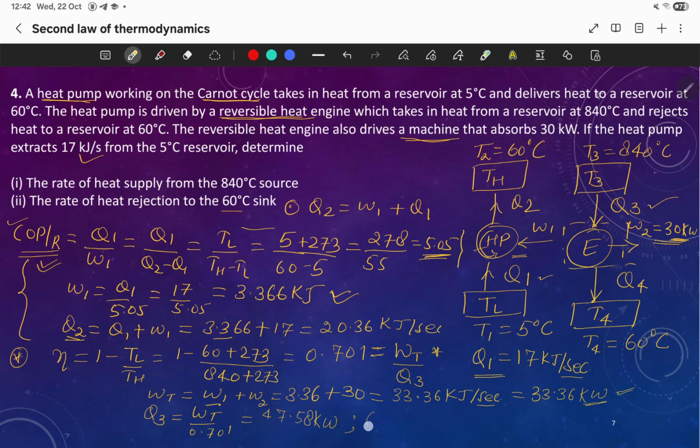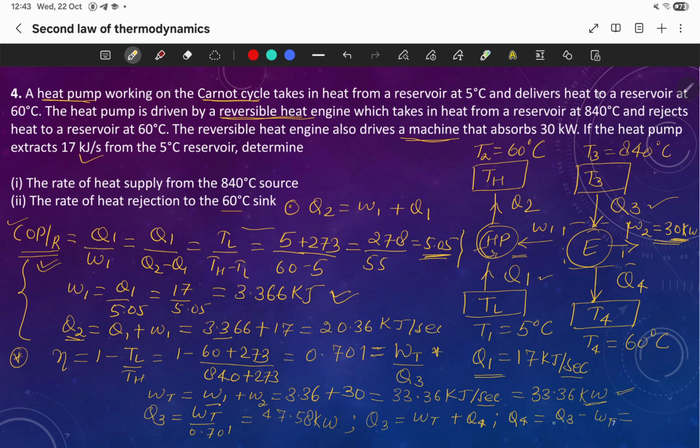Now just write the energy conservation for this heat engine. We can write Q3 is equal to W total plus Q4, right? Or Q4 is equal to Q3 minus W total.